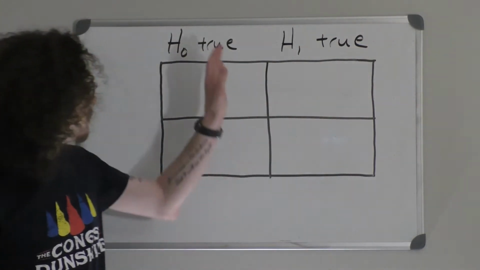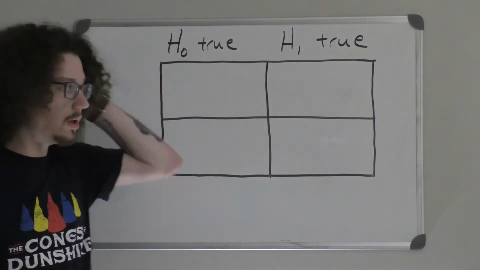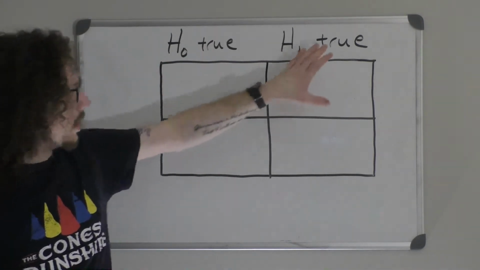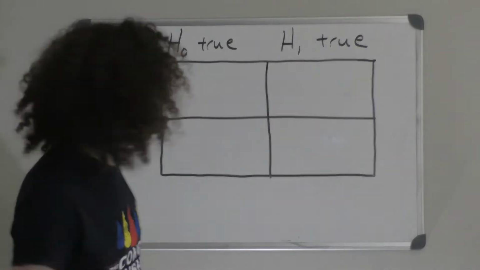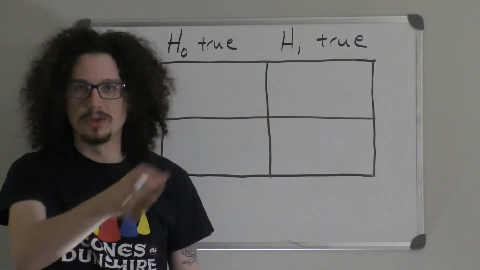So for our columns, this first one is where H naught is true. The null hypothesis is true in these two cells. In these two cells, the alternative hypothesis is true. So this is a statement of fact. Which one's true?